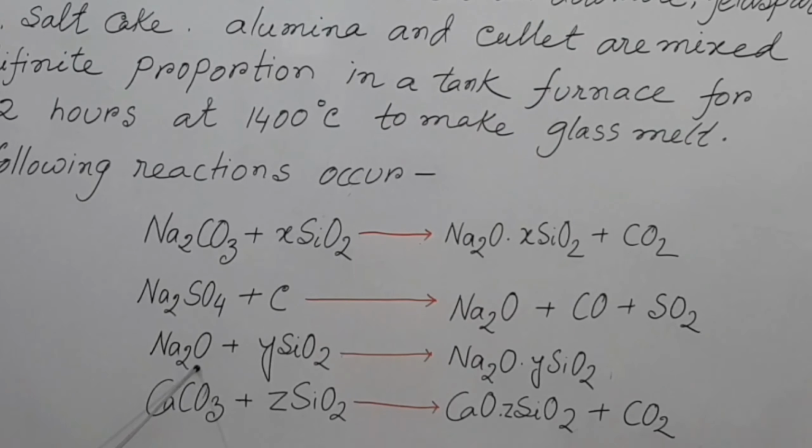Then sodium oxide and silicon dioxide react and produce sodium silicate. And lastly, calcium carbonate reacts with silicon dioxide and produces calcium silicate.